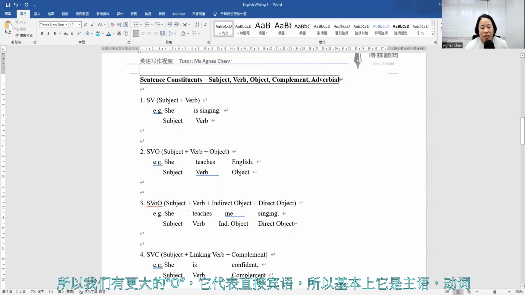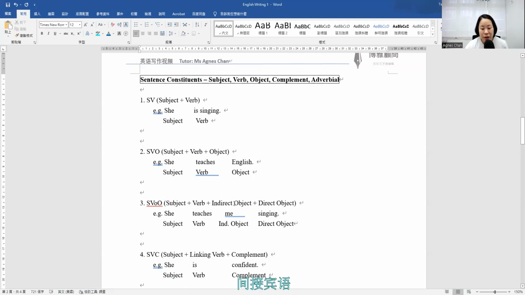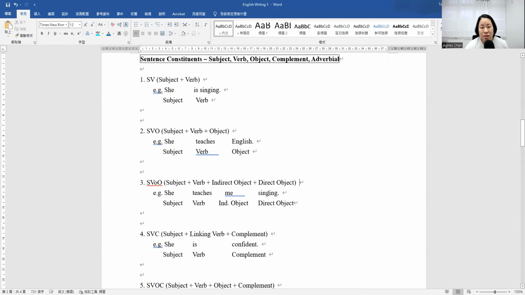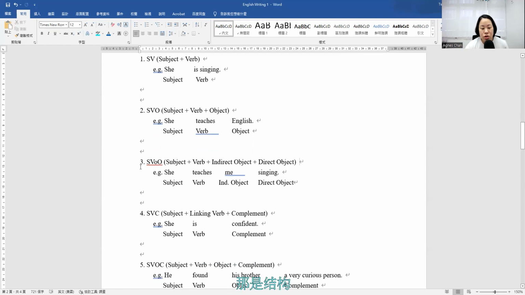So basically, it's the subject, verb, indirect object, and direct object. It is followed by 2 objects here. An example would be: she teaches me singing. She is the subject, teaches is the verb, me is the indirect object, and the direct object is singing. That is the structure.